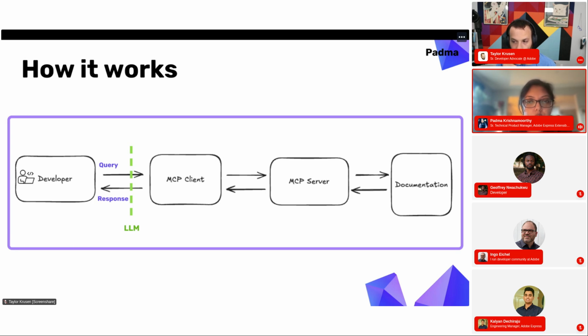Documentation, we have used as an overarching box over here, but there are different ways to implement how the MCP server gets the context. Geoffrey, for example, his MCP has taken a slightly different approach than our MCP. We'll talk about this a little more, and Geoffrey will go more in depth about his MCP as well.